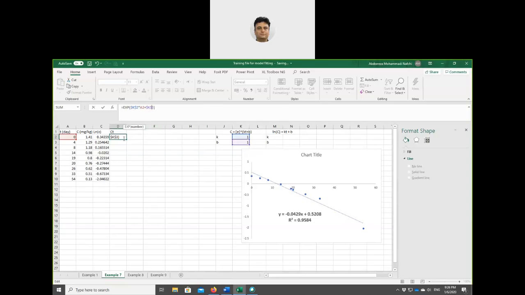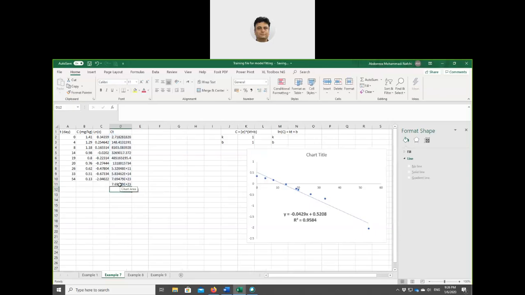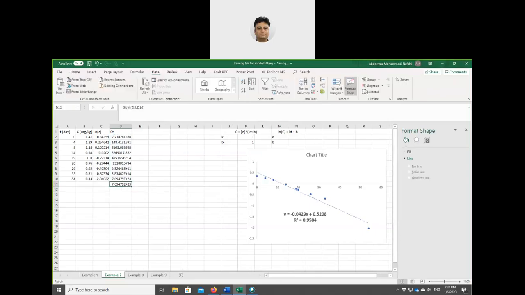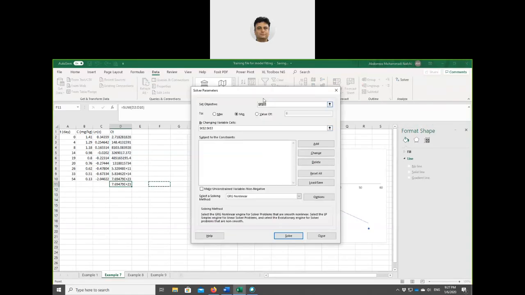That's all. And then copy and paste to all of the data here. Then again, we do the summation. We sum all the data, and I'm using the solver.